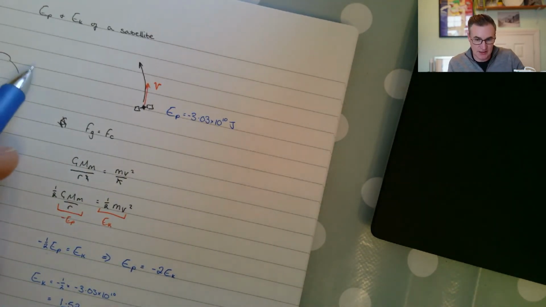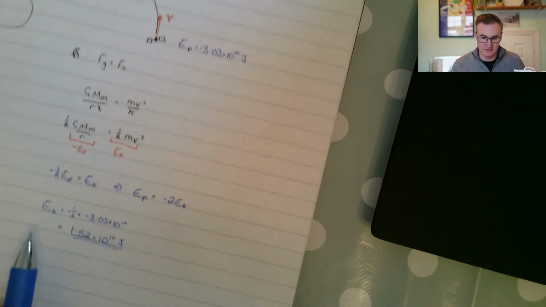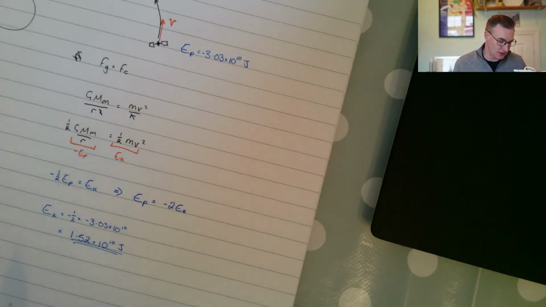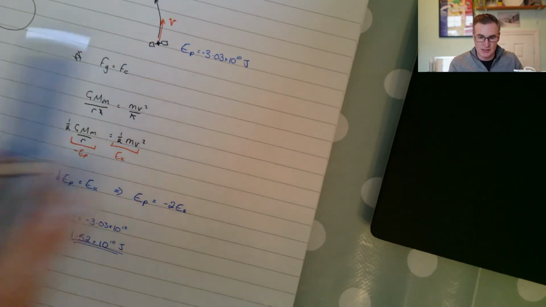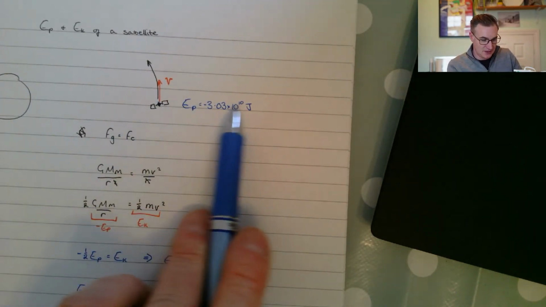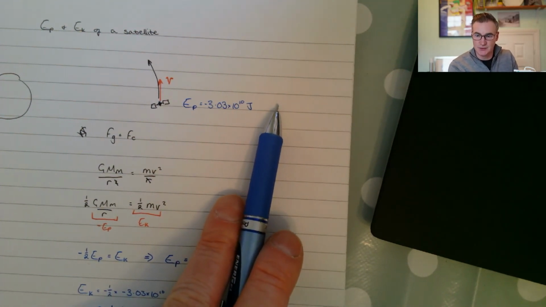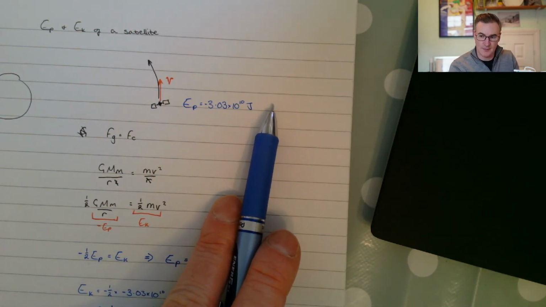And so for the satellite that's 20,000 kilometers above the surface of the Earth, we know that at that point it's going to have a kinetic energy of this value here. So what this means is if it gains altitude, if it gets higher, then it's going to gain potential energy.